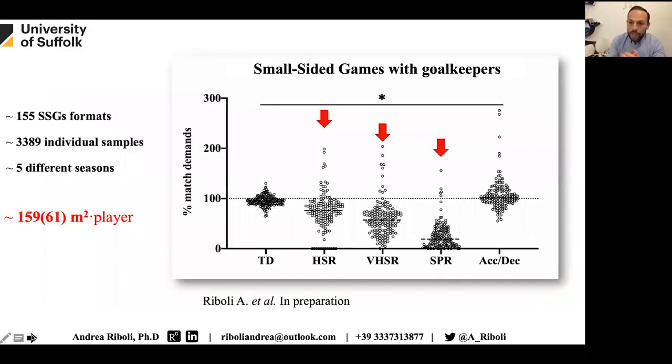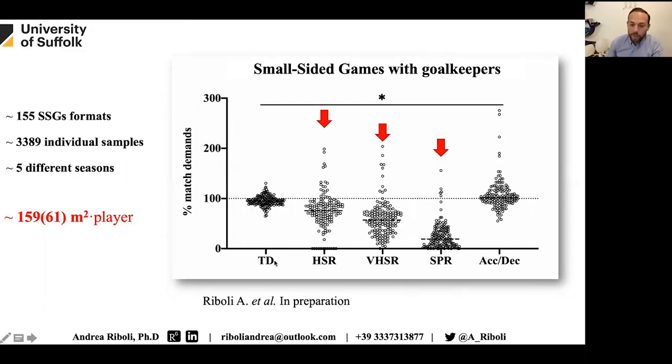In this first graph, I would highlight some of our findings, some of our analysis about the external load during different small-sided game formats. We analyzed more than 155 different small-sided game formats and more than 3,000 individual samples.